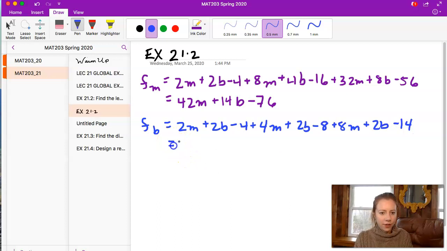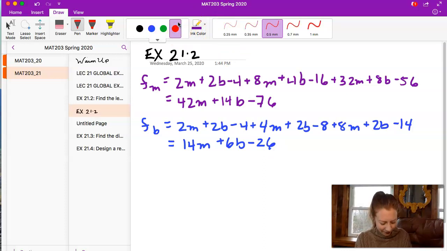And if we simplify, we get 14m plus 6b minus 26. Whew! All right, we're part of the way there. All right, let's keep going.